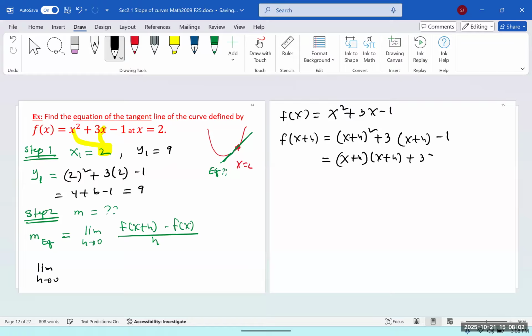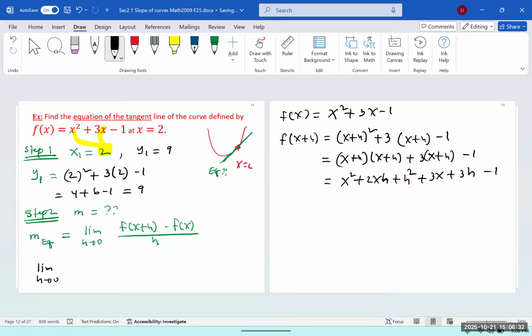Plus 3, x plus h minus 1. And then what do you get from here? Yeah, x squared plus 2xh plus h squared. Perfect. X squared plus 2xh plus h squared, 3x, 3h, and then minus 1.